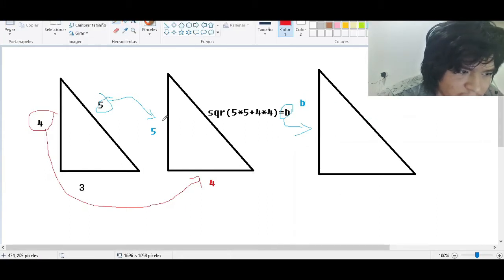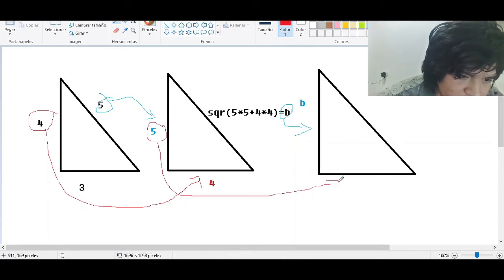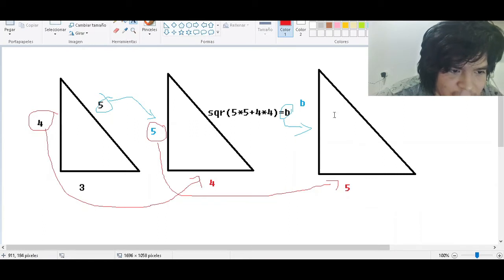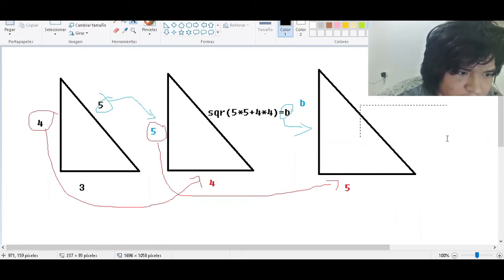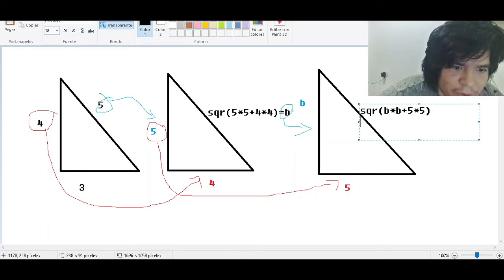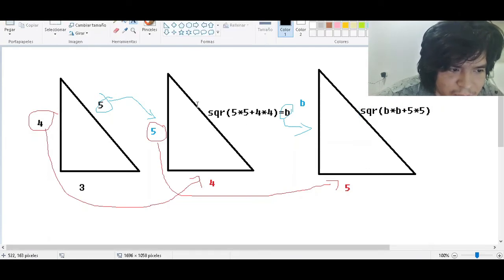And we know that the second longest or shortest side should be here. And now we know that it's this way. And then we can know the hypotenuse again. It should be the square root of b times b plus the other side times itself. And we can keep doing this forever, so we can know each side of the triangle without any problem.